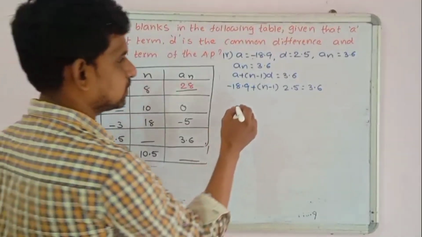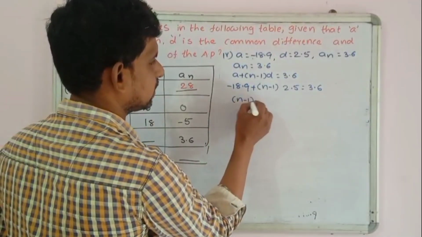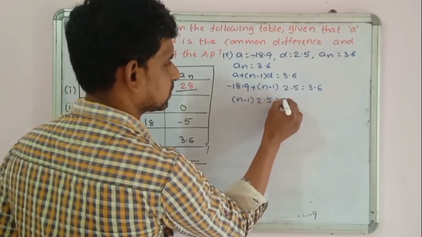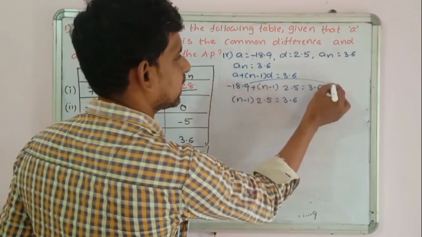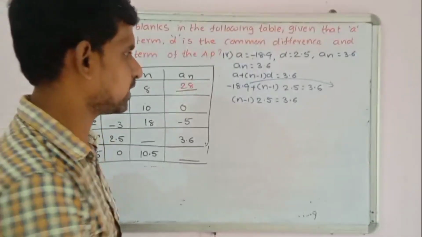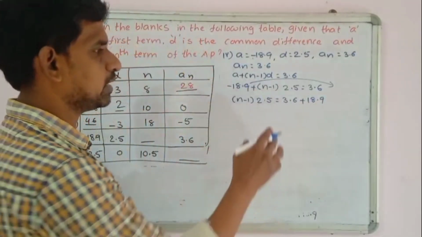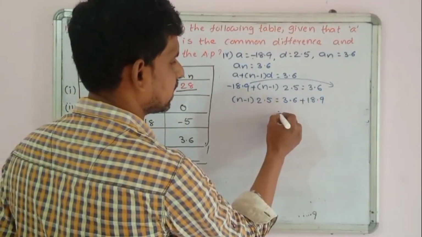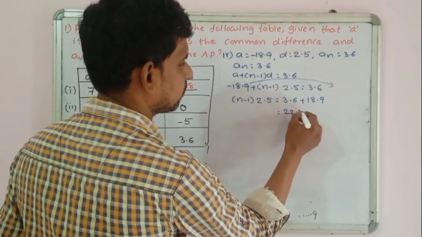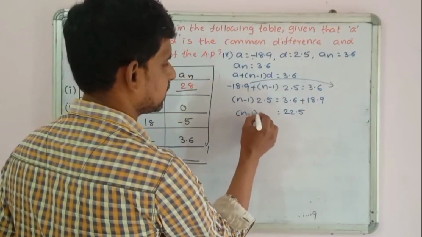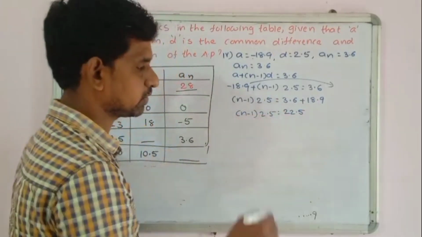So (n minus 1) into 2.5 equals 3.6 minus 18.9, transpose to the right side plus 18.9. So 3.6 plus 18.9 is 22.5. So this is the value of (n minus 1) into 2.5.